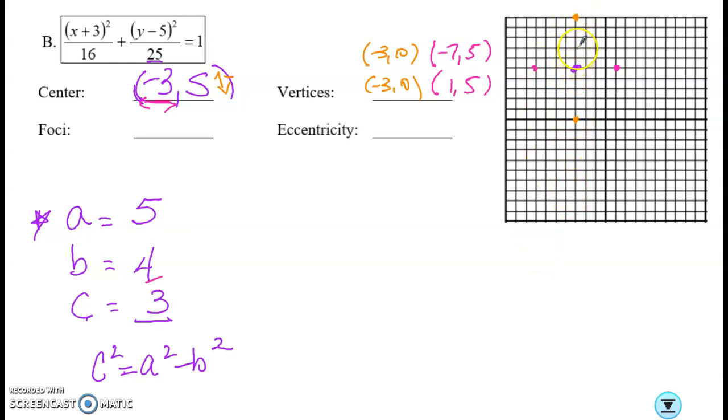So we're going to go up 3 and down 3 from our center. And so those points would be -3, 2 and -3, 8. And our eccentricity is the exact same as the last problem because we have the same c and the same a. So this is about 0.6.